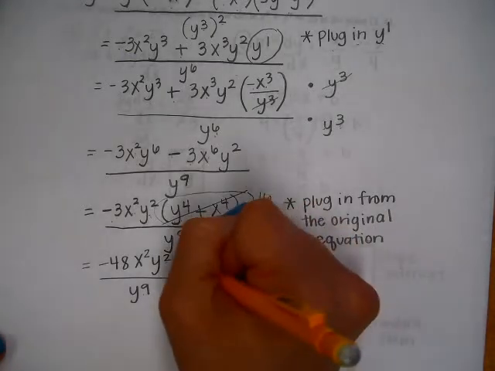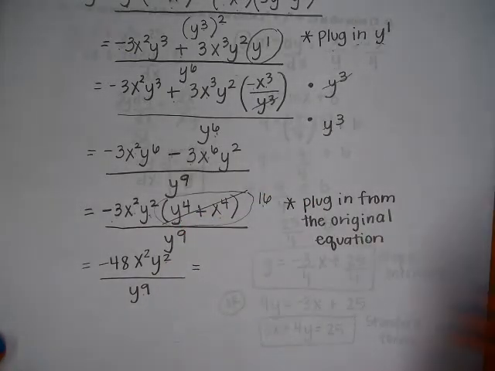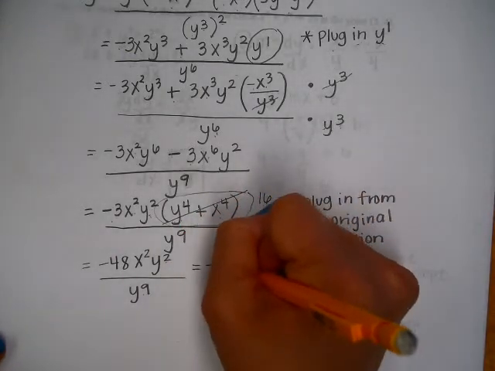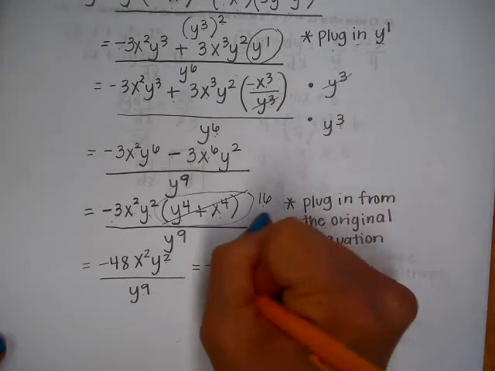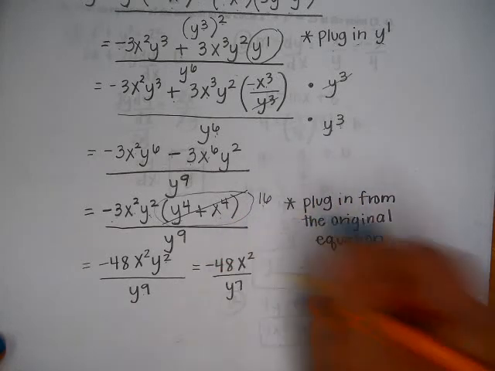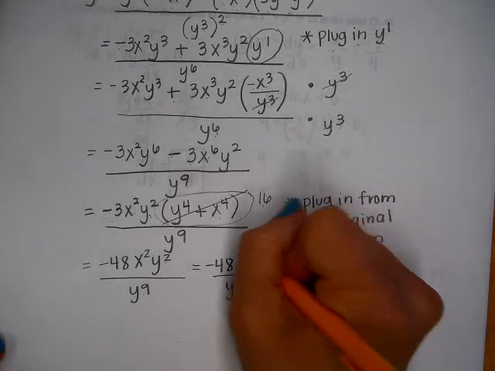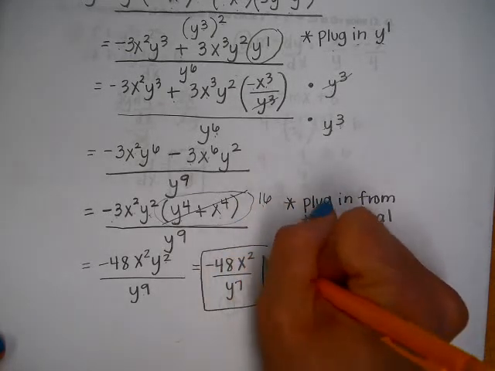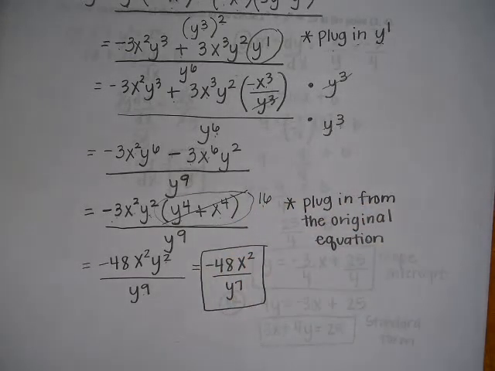If we're dividing, to subtract, so that gives me negative 48 x squared all over y to the 7th. So that is your final answer.